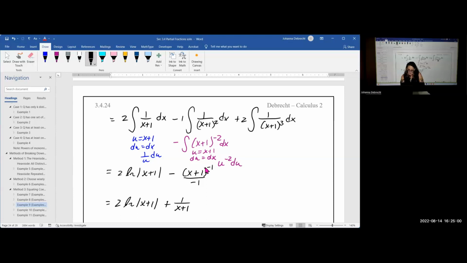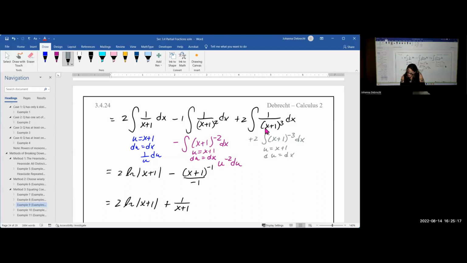And I can do the same thing for this third one over here. I can think of this as 2 times the integral of x plus 1 to the negative 3 dx. I can let u be x plus 1 again. Du would be dx.